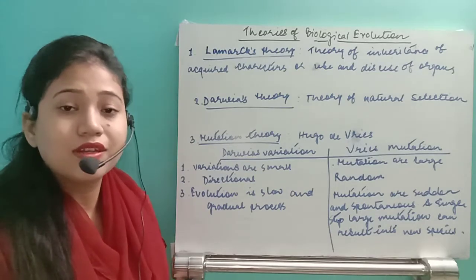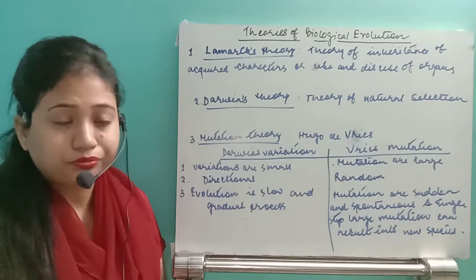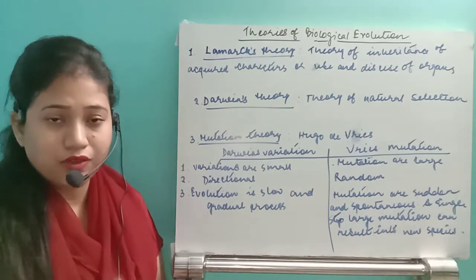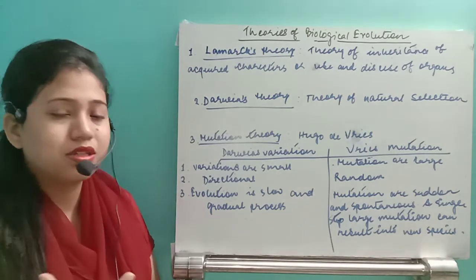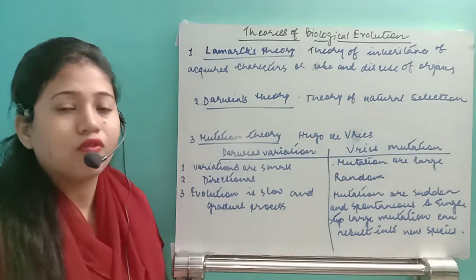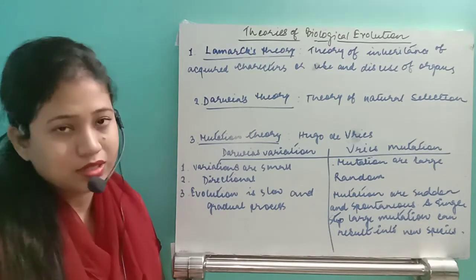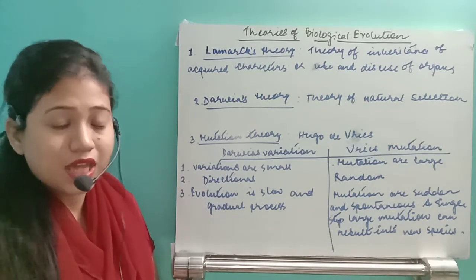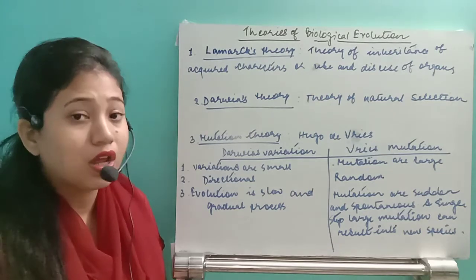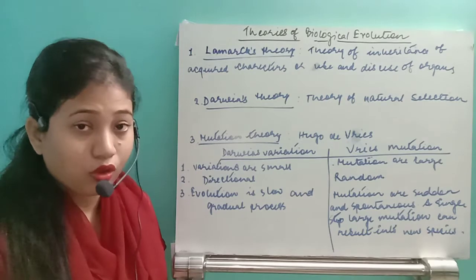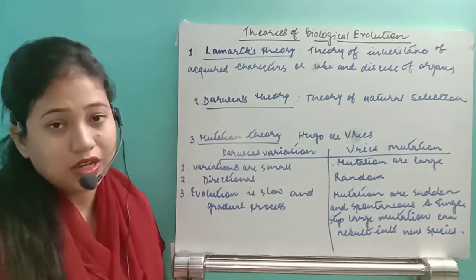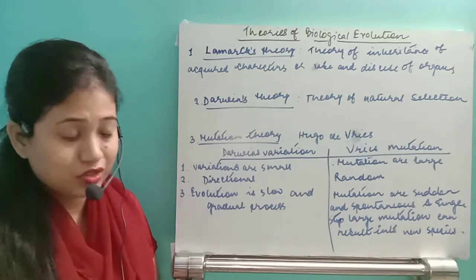He gave the example of the Galapagos Islands, and after that he put forward this theory, called natural selection. He also spoke about variation. He understood that in the population some changes occur, and that is called variation.